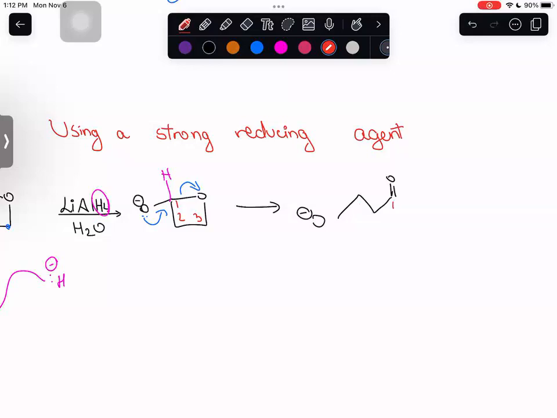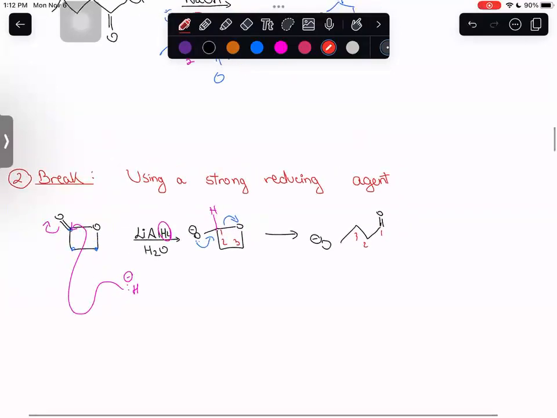Zoom out so I can see the initial. Am I just gonna protonate it at this point and that's it? What's gonna happen?